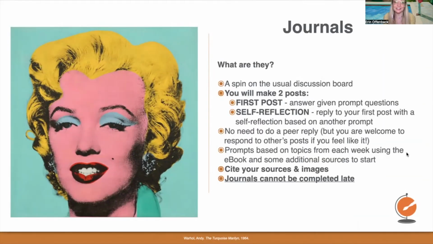Your journals are a spin on the usual journals, but we've changed them a little bit. We will always ask you a first question, and that's the first post. The first post will always include an image of some sort. So make sure you are using the guide that we provide in every journal on how to cite your images because it's very important in art history to cite your images.